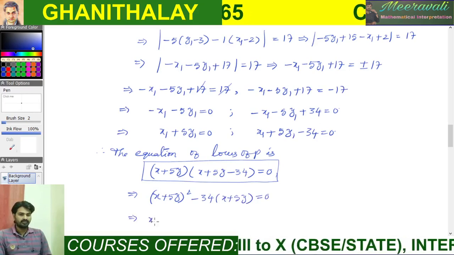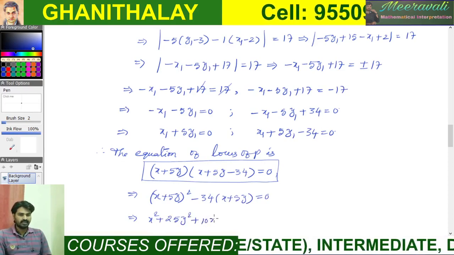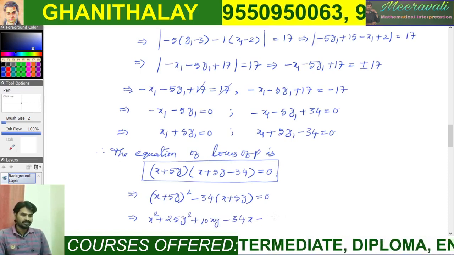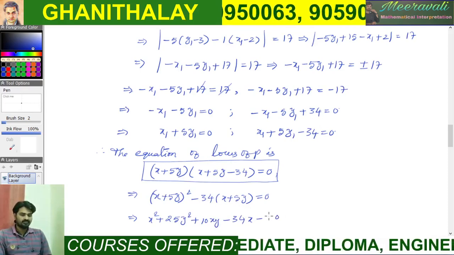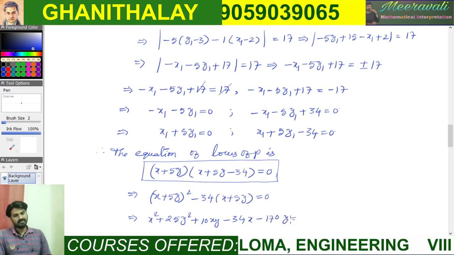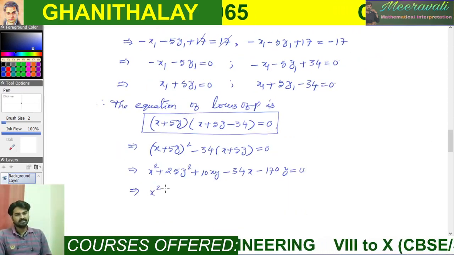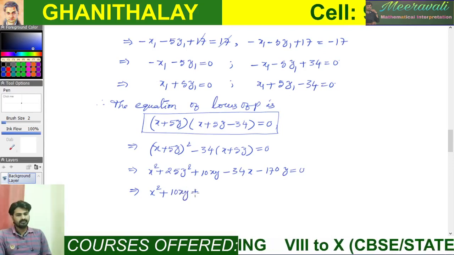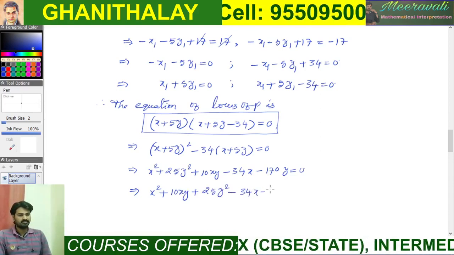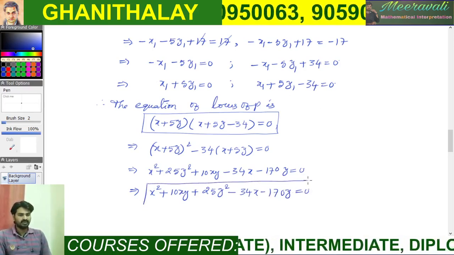Now x square plus 25y square plus 10xy minus 34x minus 34 5s are 5 4s are 20, 5 3s are 15, 15 to 17 y is equal to 0. So if you want to arrange in proper order, you can write x square plus 10xy plus 25y square minus 34x minus 170y is equal to 0. This is the final answer of this question.